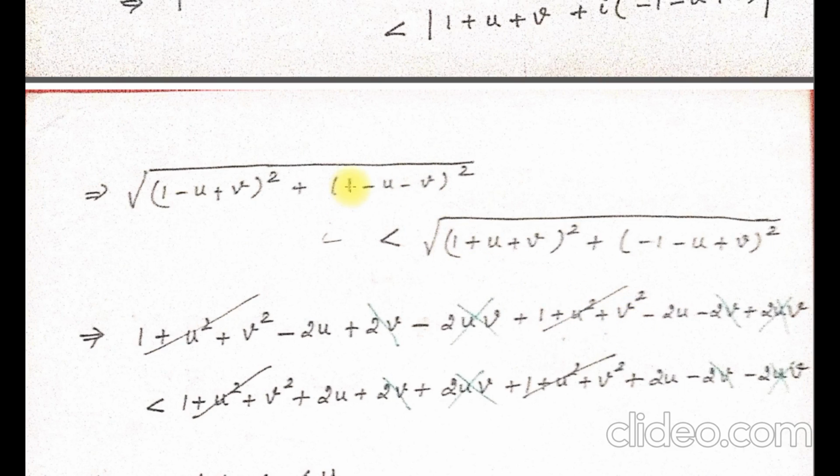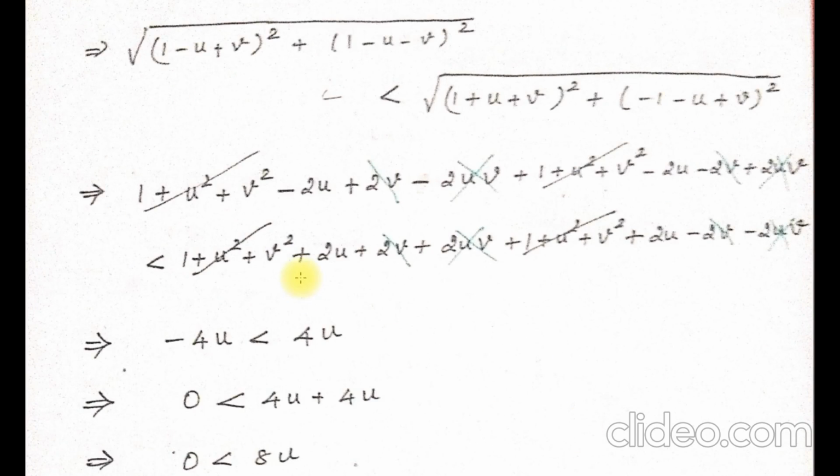Then again I am looking out for the combinations. 1 and minus u, with the symbol only you should take. 1 and minus u is minus u, with that multiply 2, so minus 2u. 1 and minus v is minus v, with that multiply 2, minus 2v. And minus u and minus v, you will get plus uv, with that multiply 2, 2uv. Similarly, the same pattern is applied on the right hand side.